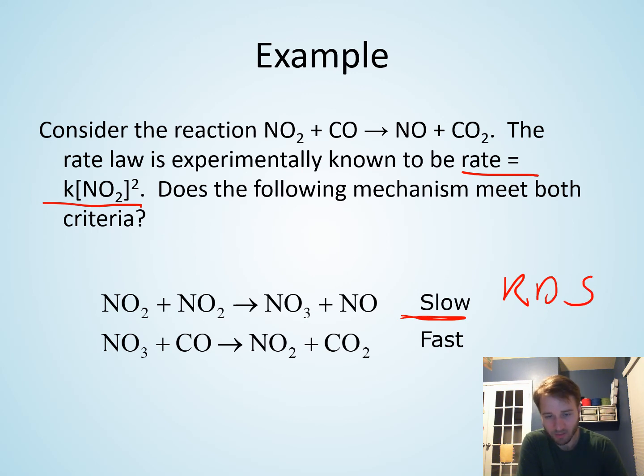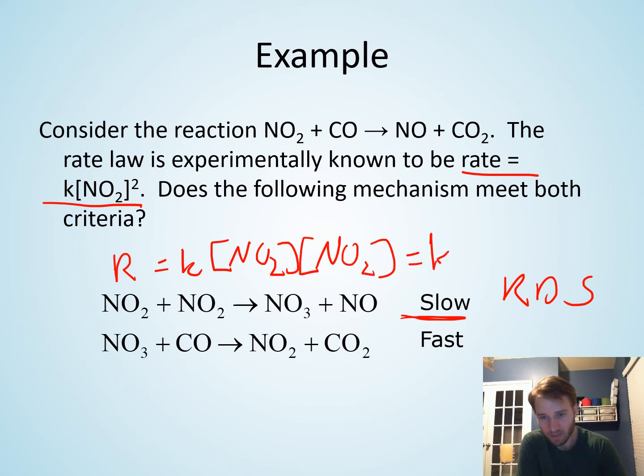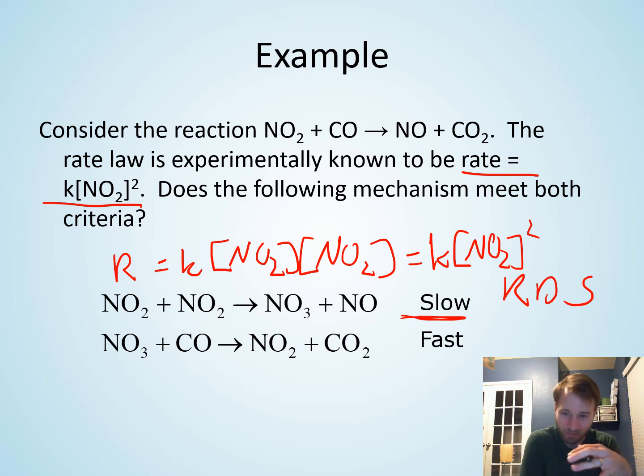The rate from this first reaction is just rate equals k times the concentration of the reactants, [NO2] times [NO2], which simplifies to k times [NO2] squared. This agrees with the experimentally determined rate law. So this seems like a valid reaction mechanism for this chemical reaction, because the elementary steps add up to give the overall reaction, and the rate law from the mechanism agrees with the experimentally determined rate law.